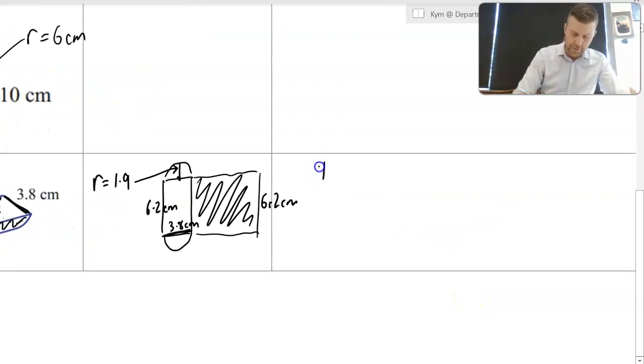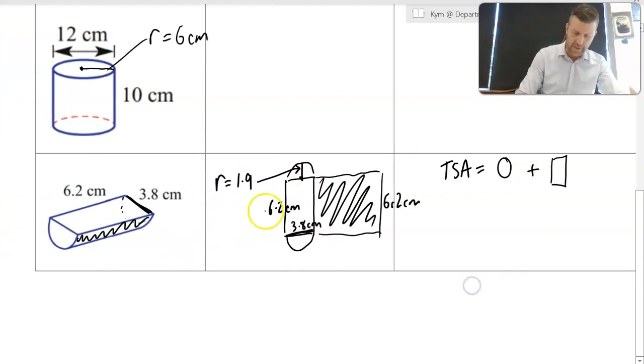So the total surface area of this half cylinder is the area of the 2 half circles, which actually makes up a full circle. There's a couple of ways you could do it, but to keep it simple, you could just work out the area of 1 full circle. So you've got 1 circle there, plus the area of this rectangle here, plus the area of that second rectangle, which we just spoke about as being that curved section.